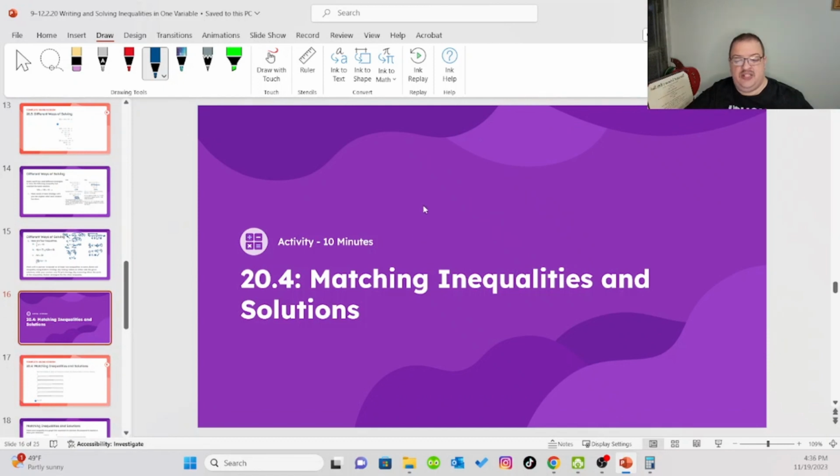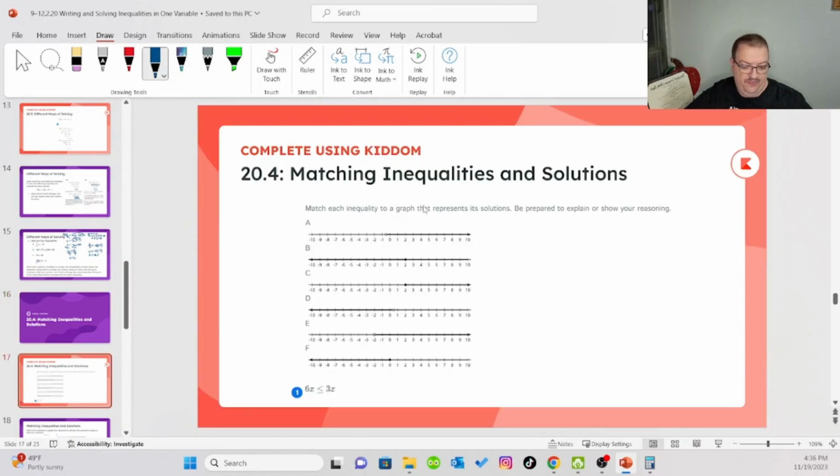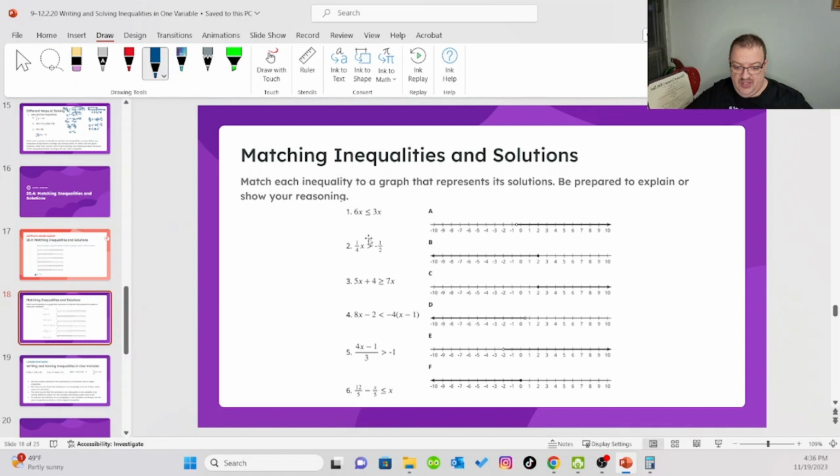Our next activity is 20.4, matching inequalities and solutions. They want us to match each inequality to a graph that represents its solutions.